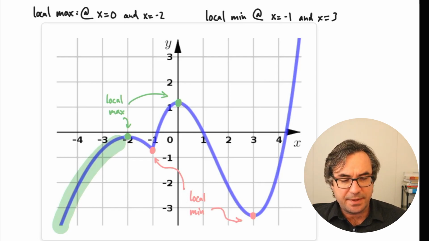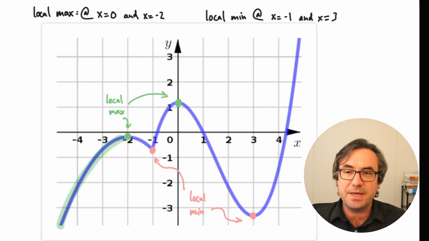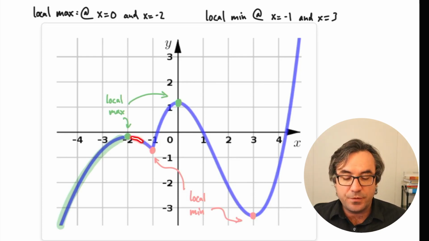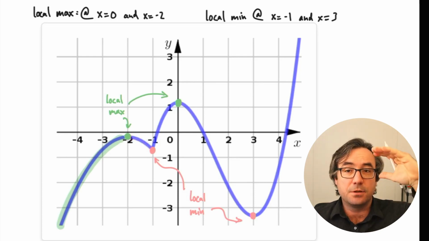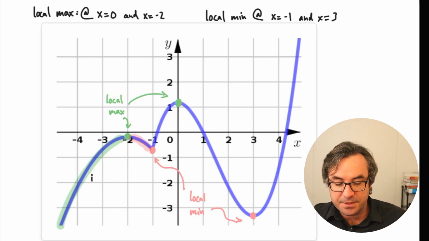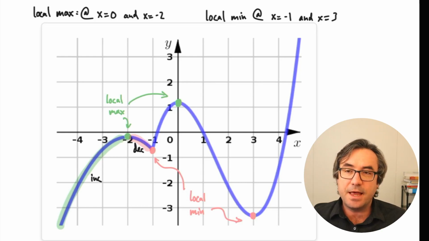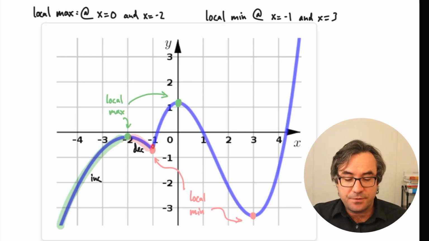All right, so this section is going to be increasing. Now, if we go to the next section right in here, this is moving downward. So our graph is getting lower, so it's going to be decreasing. So far we found in this section we're going to be increasing, in this section we're going to be decreasing. And then we just keep going like this. The next section of our curve is going to be increasing.